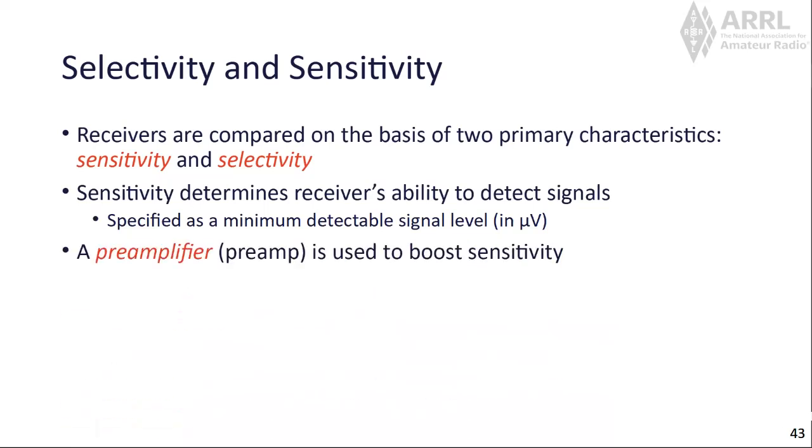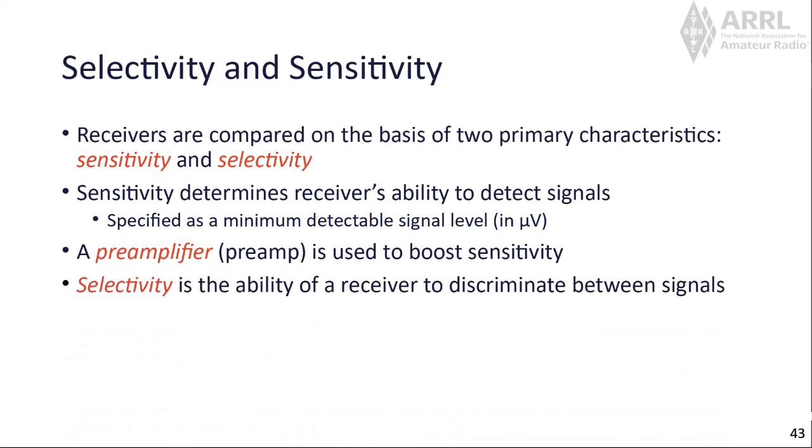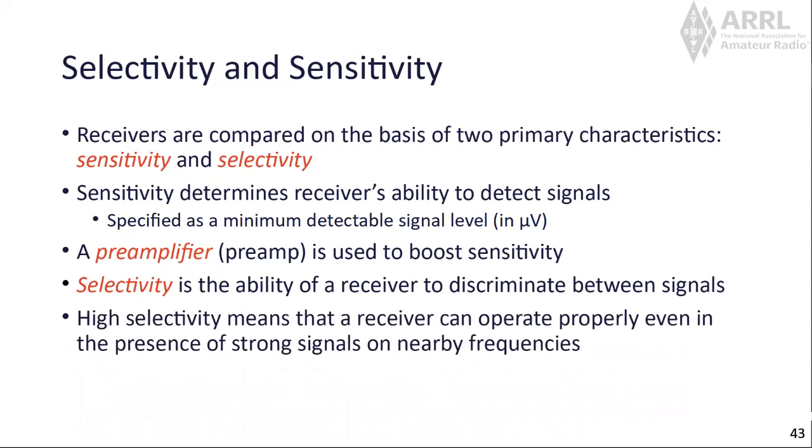A preamplifier or preamp is used to boost the sensitivity. Selectivity is the ability of the receiver to discriminate between two signals. High selectivity means that a receiver can operate properly even in the presence of strong signals on nearby frequencies.